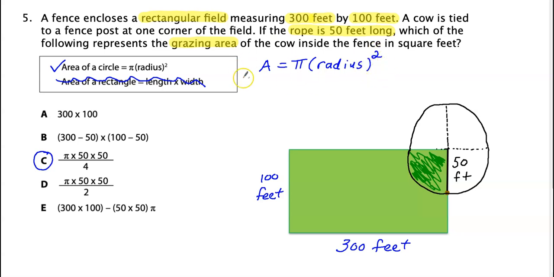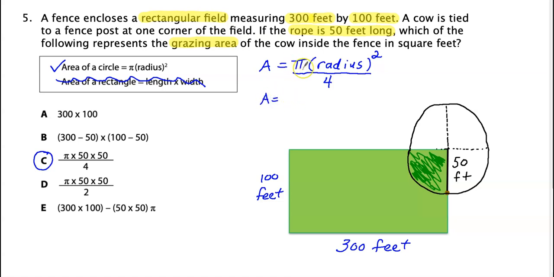Well, this represents the area of the whole circle, but I just need to find the area of 1/4 of the circle right here. So I need to take this and divide it by 4. Now let's just go ahead and plug in the appropriate numbers into this formula. And the A here now stands for the grazing area. So I'll bring down my A.